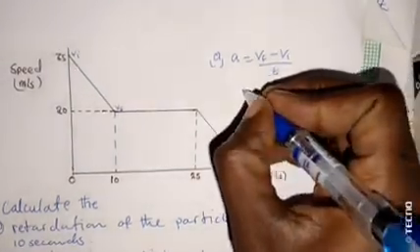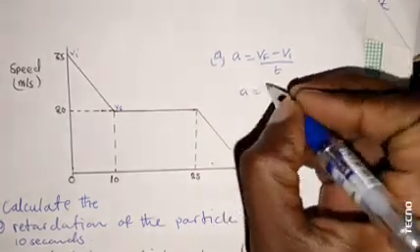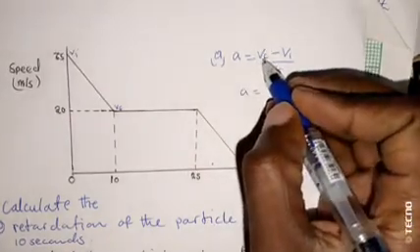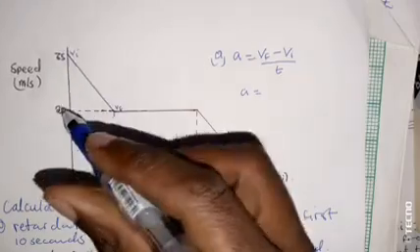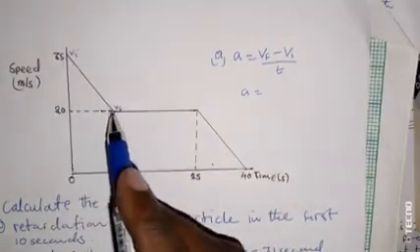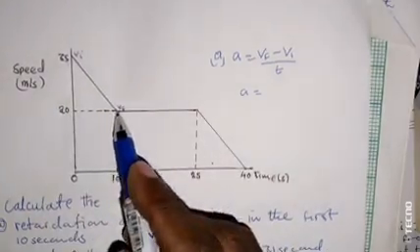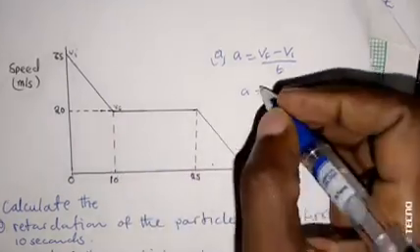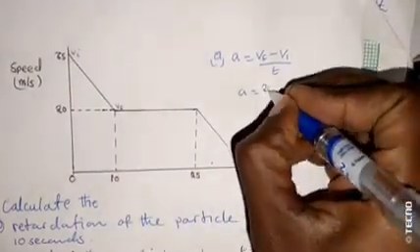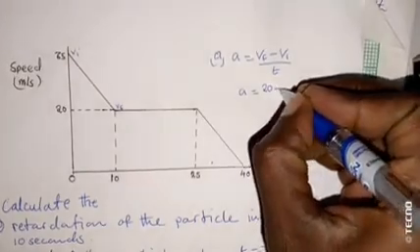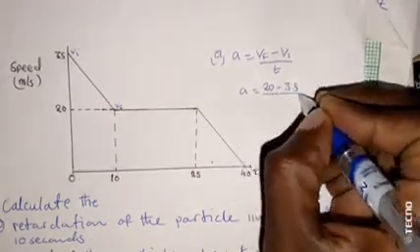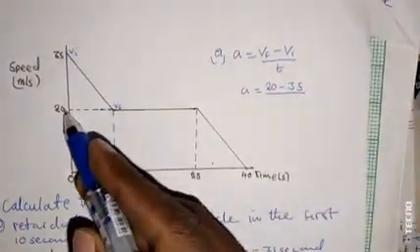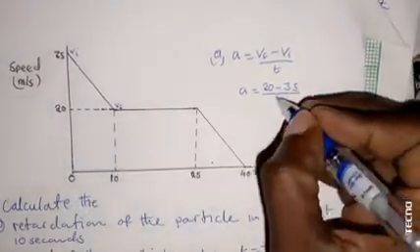Now we'll just replace what we have. A is equal to, where there is VF, final, replaced by 20, because it's coming at the velocity of 20 meters per second. So here it will be 20, it's our final, then minus 35, then over time, from here to there, is what? 10.